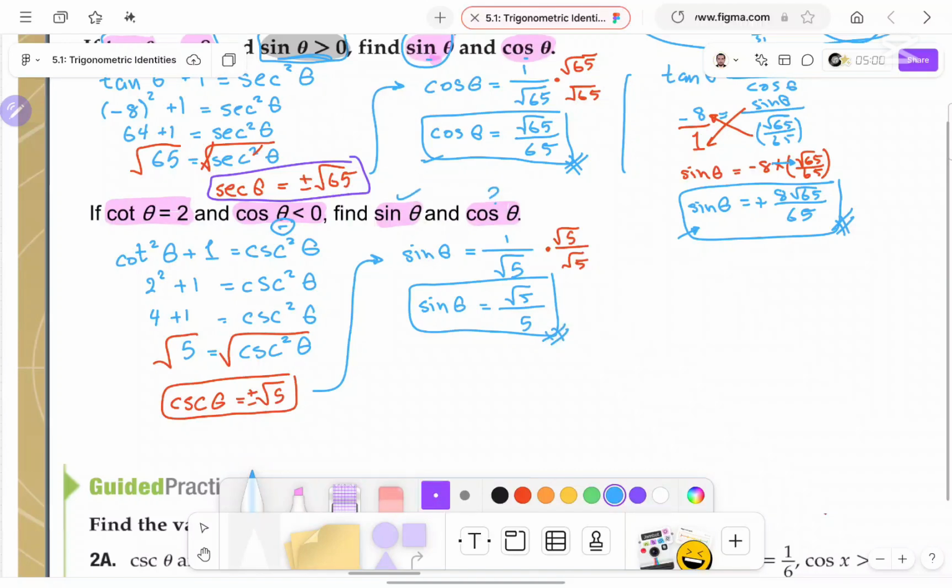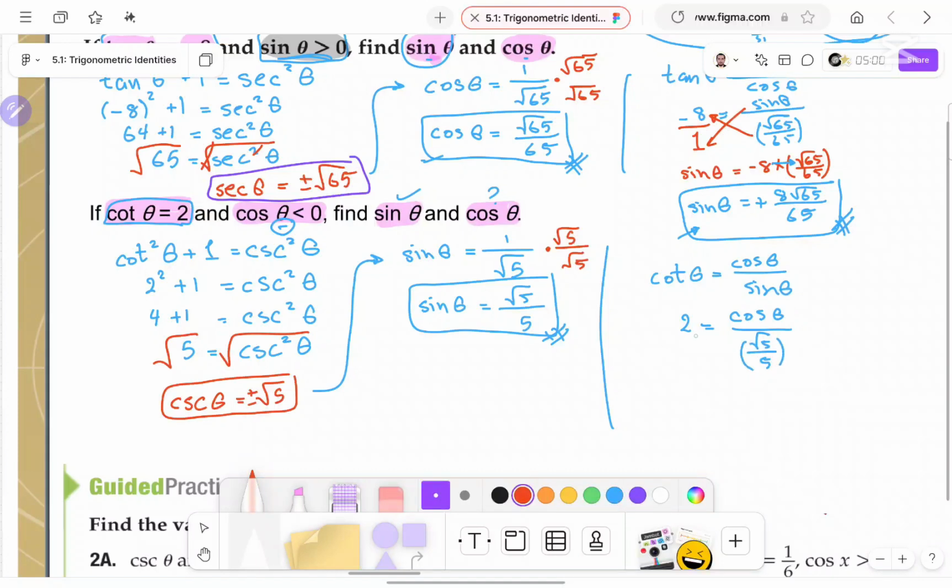Now let's find cosine. We use the same quotient rule, cotangent theta, because cotangent is given, is equal to cosine theta over sine theta. Now cotangent is given, which is equal to 2, so 2 equals cosine theta over sine, and sine is square root of 5 over 5.